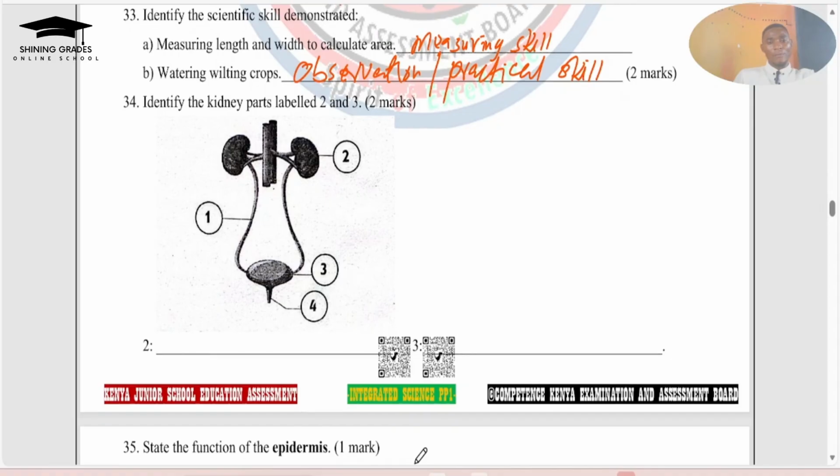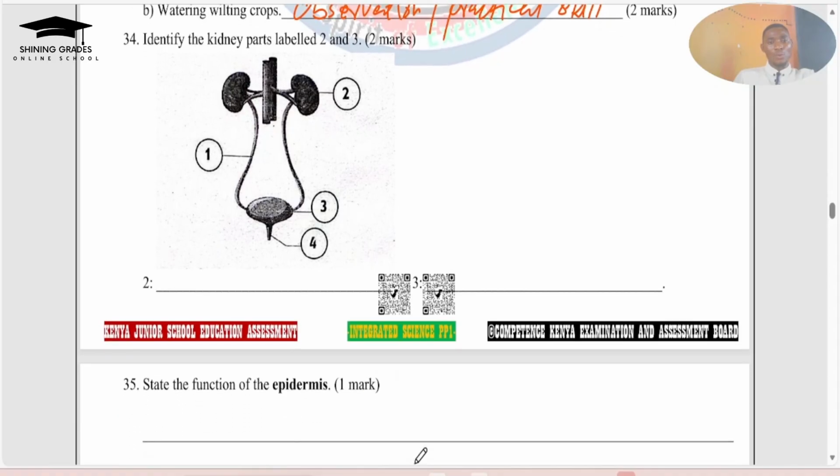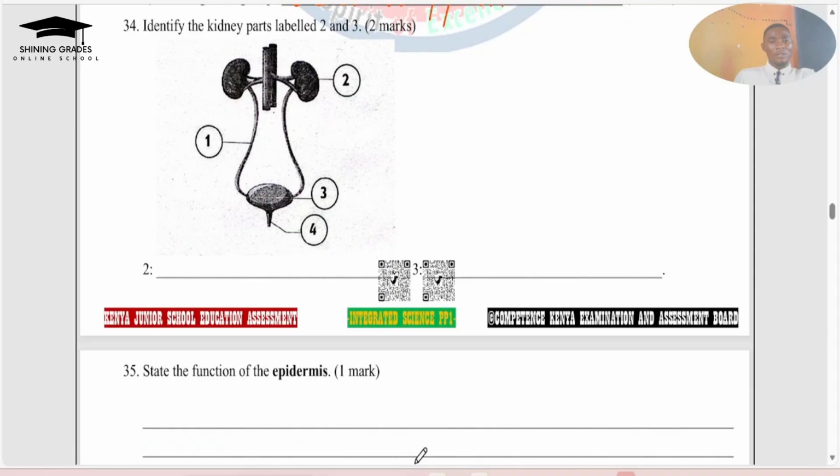Question 34. Identify the kidney parts labeled 2 and 3. So this is a diagram that represents a kidney. So we have a left kidney. We have the ureter, which is on both sides of the kidney.